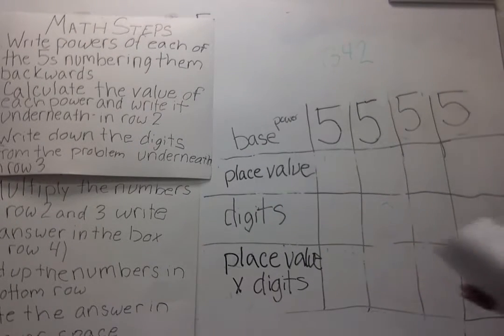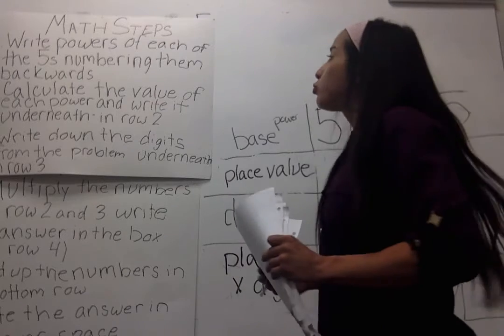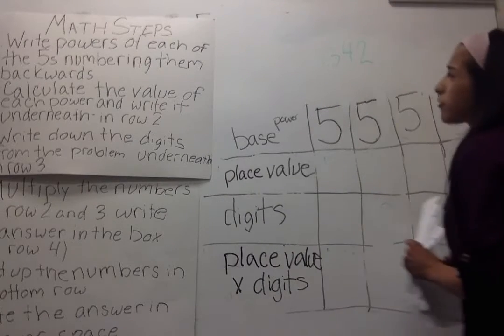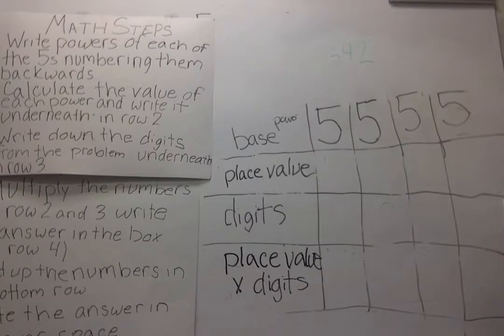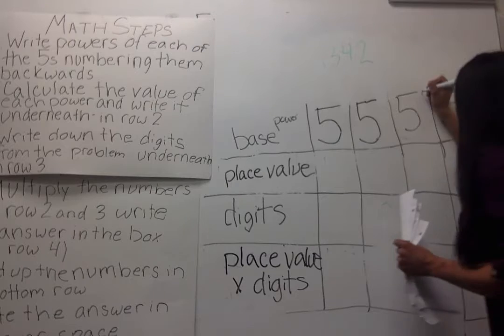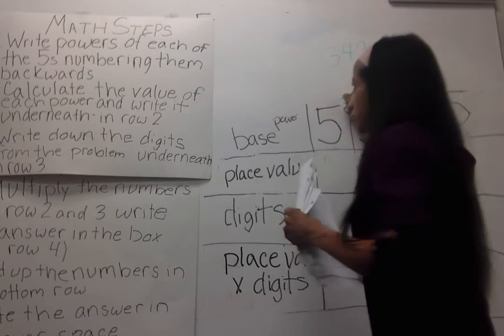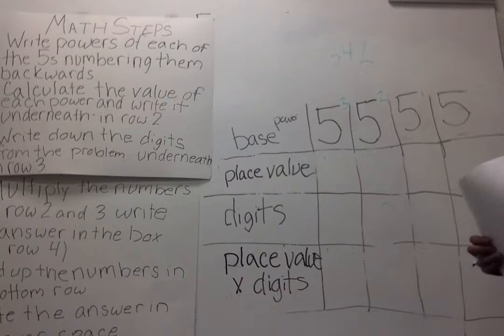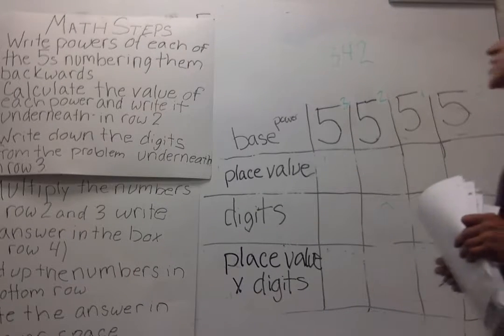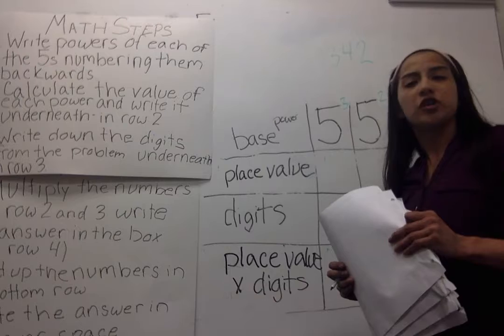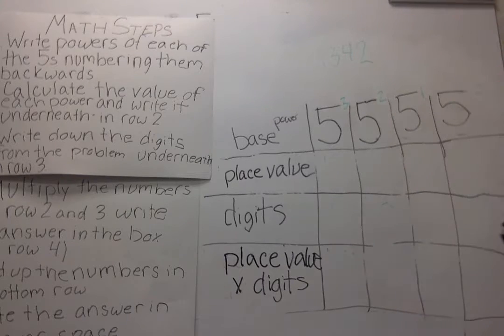So the first step would be write the powers of each of the 5s, numbering them backwards, starting on the right hand side. So 0, 1, 2, and 3. The second step would be to calculate the value of each power and write it right here in row 2.